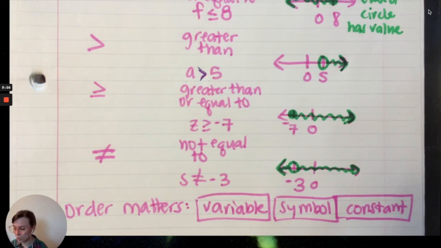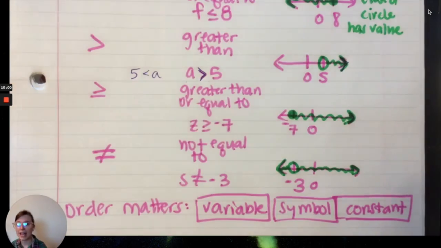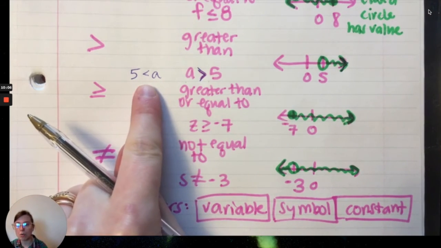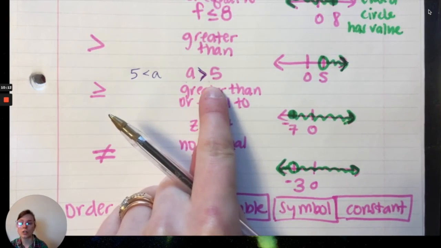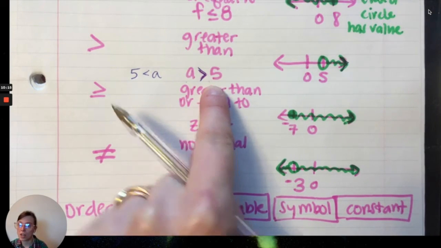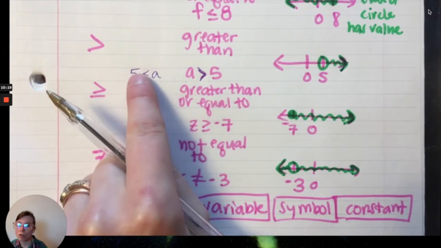But what if I had switched the order? What if I had written it as 5 is less than A? These are the exact same inequality, but I can't trust this symbol to tell me which direction to shade. So it's really helpful to flip everything so you can see it. Now, when you flip everything, you have to switch both sides, so A and then 5 gets switched, but you also flip the symbol.